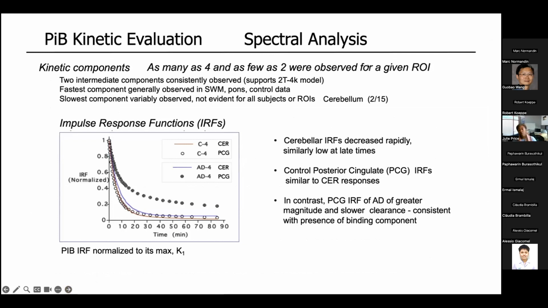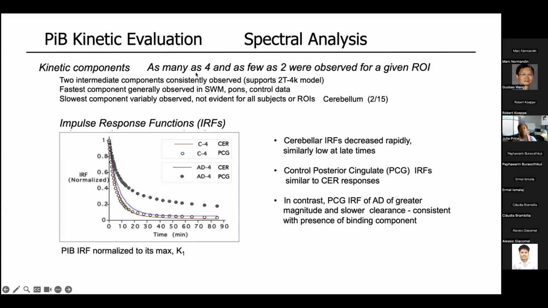So in terms of what we found with the spectral analysis, this is the way we visualize this data. The posterior cingulate is the region that in Alzheimer's disease had significant binding, but the posterior cingulate for the control overlapped with the cerebellum of the control and the cerebellum of the AD subject, with a very noticeable difference in the impulse response function for the AD, consistent with greater magnitude and slower clearance in this region of interest.